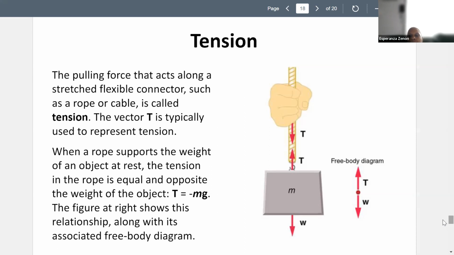Then they show tension from the rope pulling up on the block, and weight from gravity pulling down on the block. If those are balanced, then the block is not going to accelerate. But if one of the forces, the tension or the weight, is bigger, then the object is going to accelerate in that direction because there will be an unbalanced force.